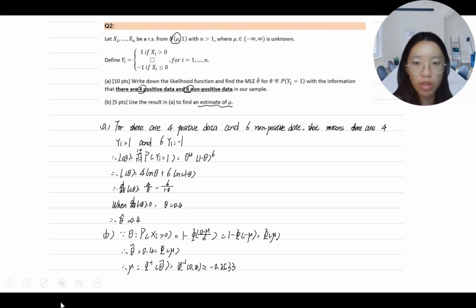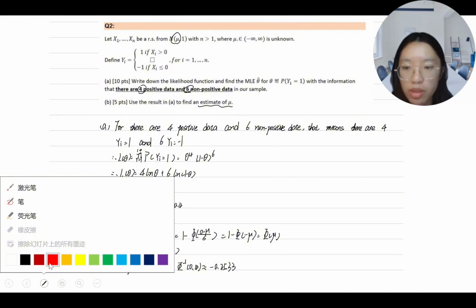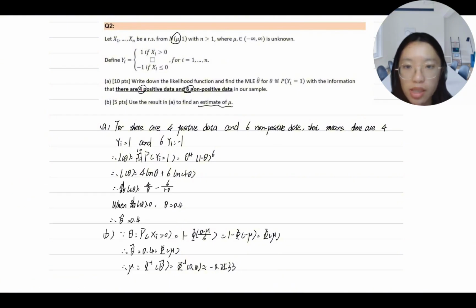For question A, we can see that there are 4 positive data and 6 non-positive data in our sample, so we can just use the definition of MLE and calculate that the likelihood of theta is equal to theta to the power 4 times 1 minus theta to the power 6.